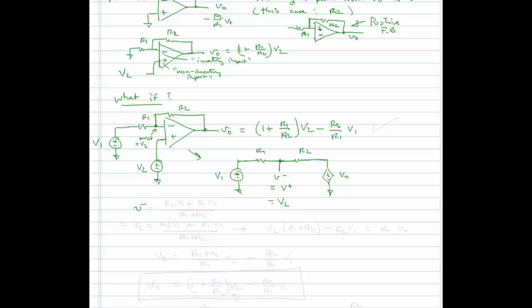I'm going to write the same superposition expression for V minus, which is R2 times V1 plus R1 times VO over R1 plus R2. Right? The only thing that changes from the inverting amplifier analysis that we did previously is that now V minus, instead of being equal to 0 as it was before, is going to be equal to V2.